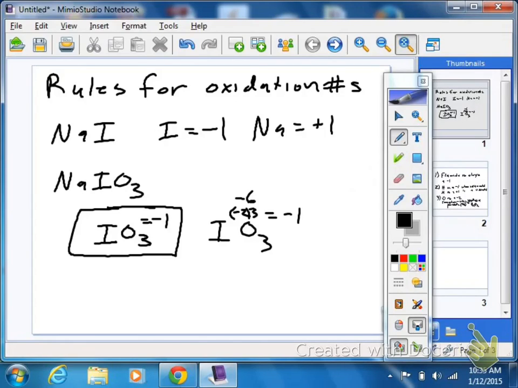Nope. We have to have it equal a -1. What is it? +5, right? When we add our sum of our charges up, they have to equal the charge of the ion. Step 7 says it has to equal the charge. So in that case iodine's at +5.